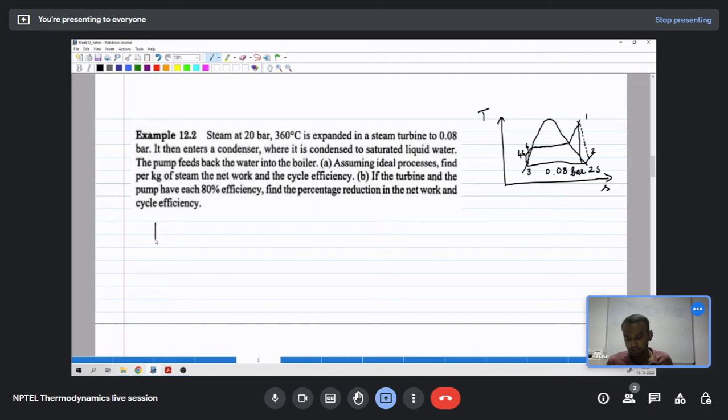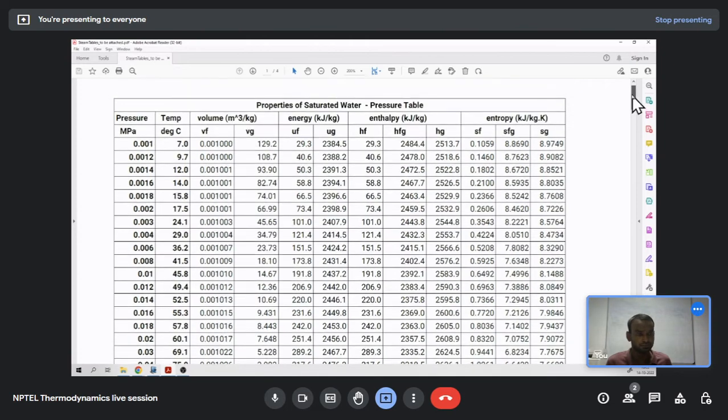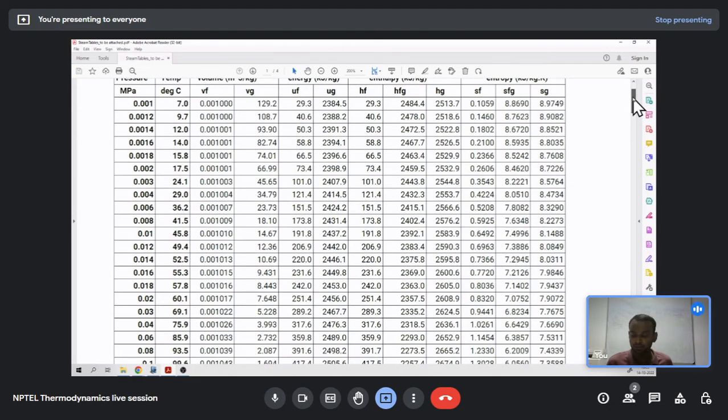We can see the value of H1 first. So H1 is at 20 bar pressure and 360 degrees Celsius. Moving on to the steam table, first we need to check if it is within the saturated dome, or if it is a superheated vapor. For finding that, we have this saturated water table.